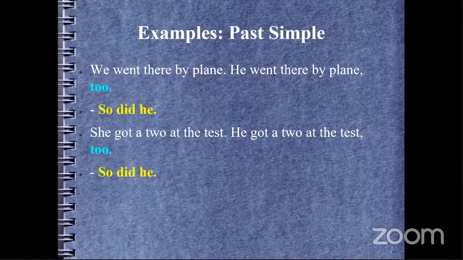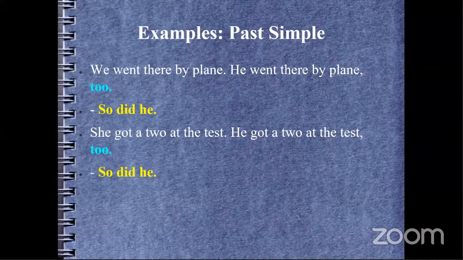Now, past simple. In the past simple, what is the auxiliary verb in past simple for positive? Anyone, please. What's the auxiliary verb for simple past? Did. Yes, it's did. In the simple past, we have one option, did.